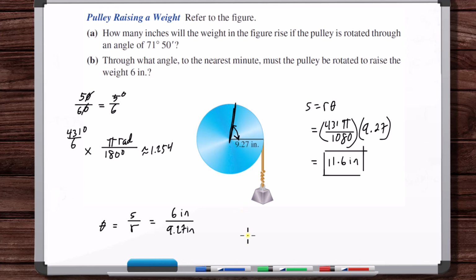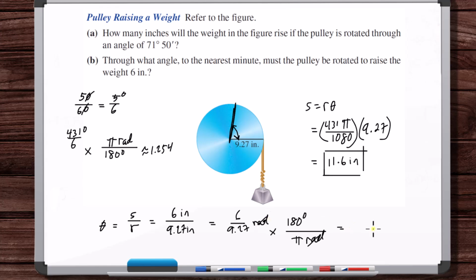Well, let's convert this right now. This is in radians, right? So 6 divided by 9.27, that's radians, times the fact that there's 180 degrees for every pi radians.